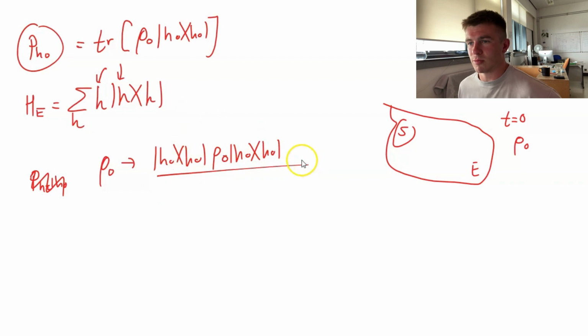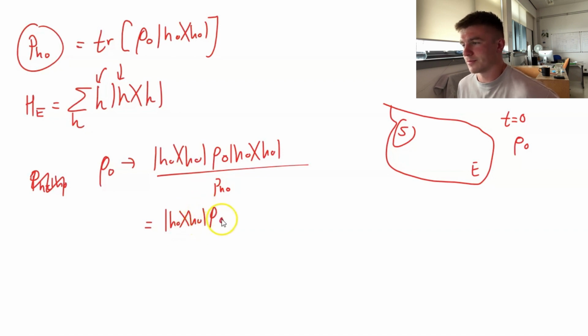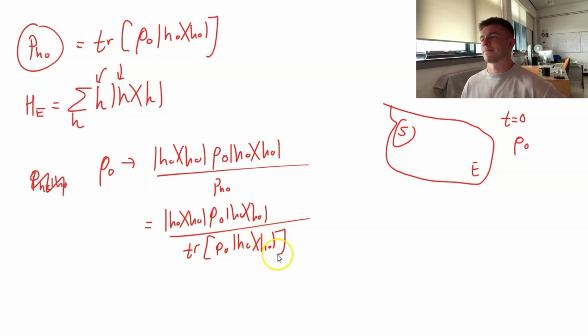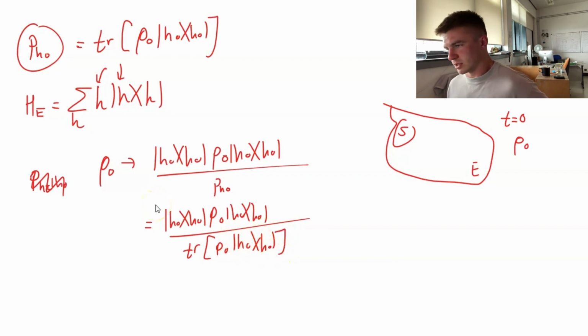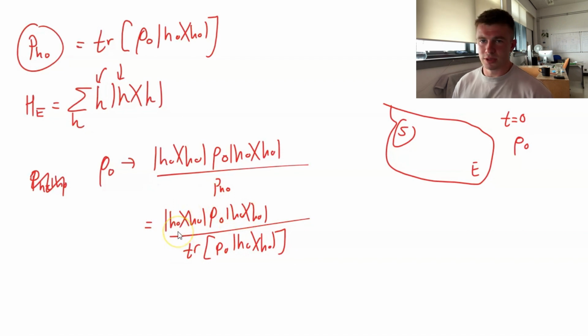And it needs to be normalized, so we divide it by this probability here. So let's just write this out explicitly. We've got the projector onto h0, rho naught, the projector onto h0, divided by the trace of rho naught with the projector onto h0. Okay, so this is our state. It looks complicated, but it'll simplify down soon, so don't worry.